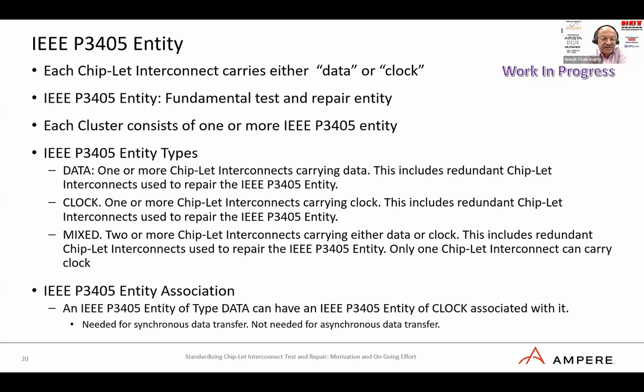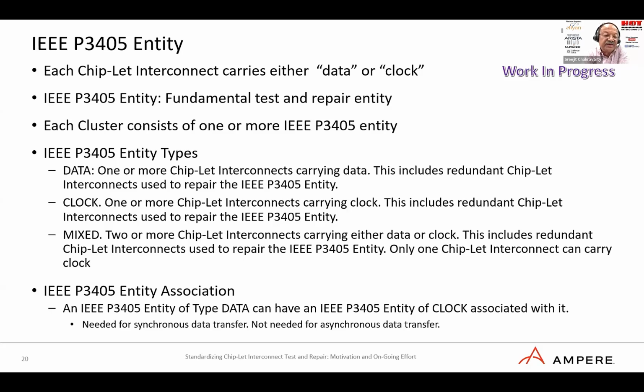So there are really three types of entities that we talk about. One is just the data. That means all interconnects in this entity carry data, nothing else. Okay. Then there is a second kind, which we call clock. And what we see is that all entities in this cluster carry only clock. And then there is a mixed.